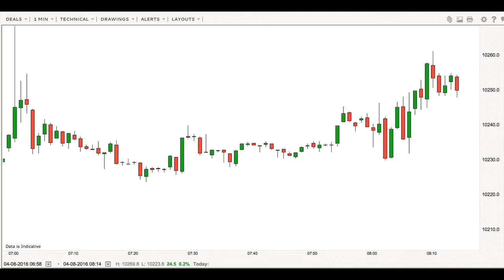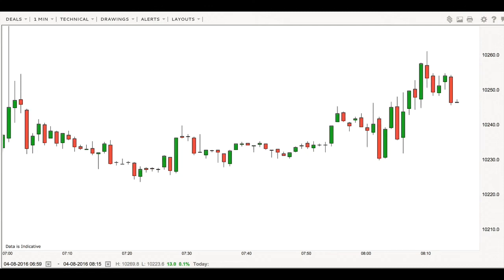Now this bar is actually significant in another way because it's called an inside bar, and inside bars indicate hesitation in the market. You can see that it's been followed by another inside bar, or almost another inside bar. So we'll be looking at this point in time to see whether or not price breaks above or below those two inside bars.